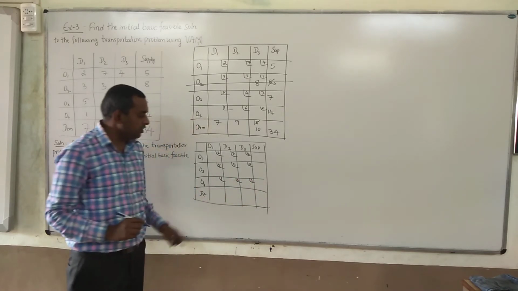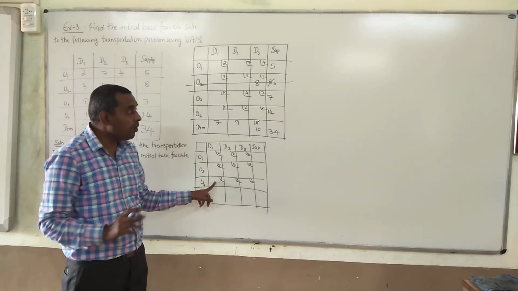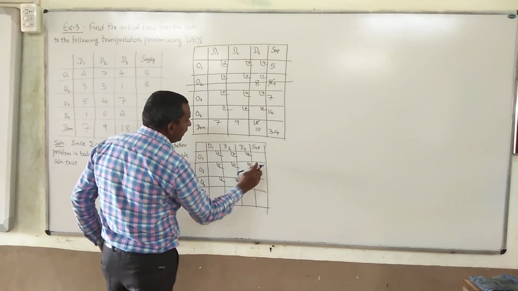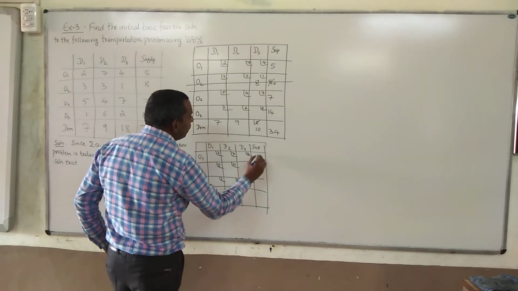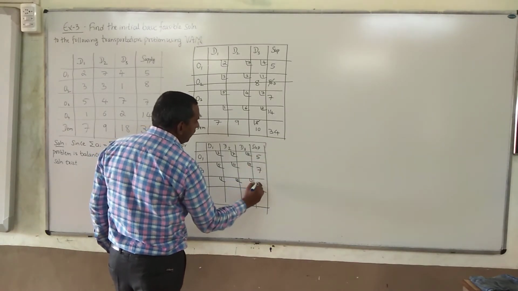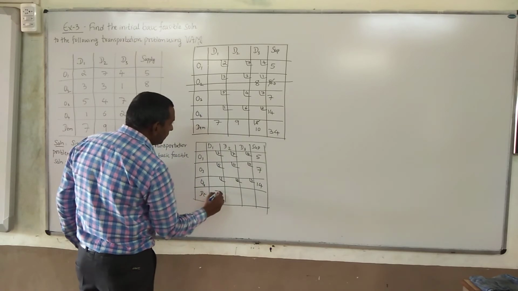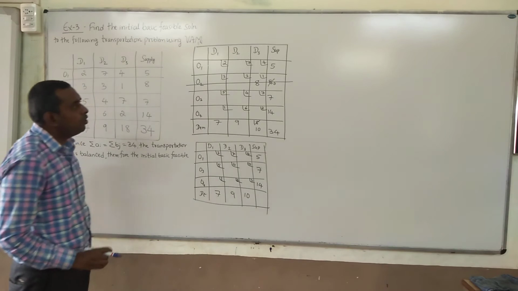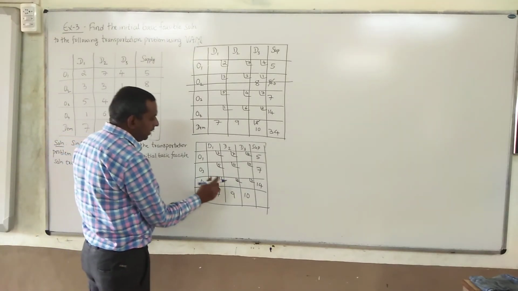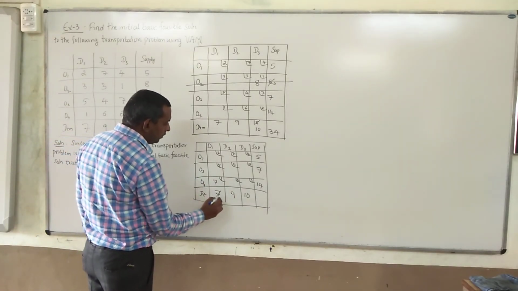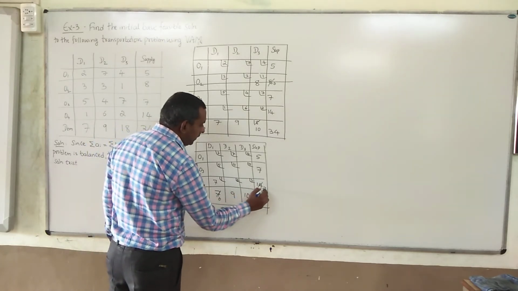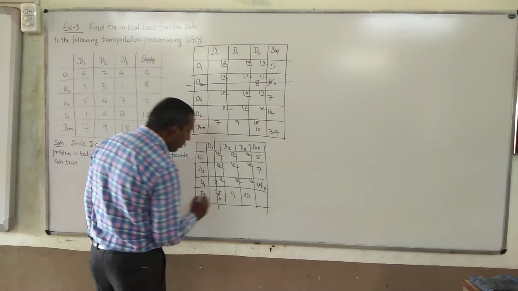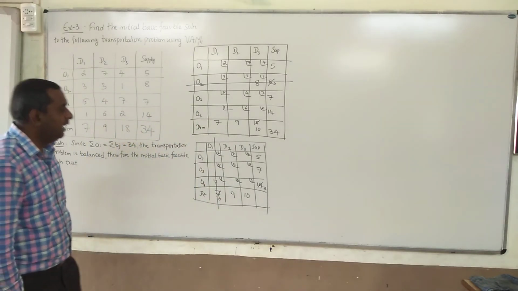The next allocation is made in this cell, because this is the smallest one. Here it is 5, 7, 14, and here 7, 9, 10. The next allocation is made in this cell. Here it is 7, so this gets 0, and here it is 7. So this complete row got eliminated.